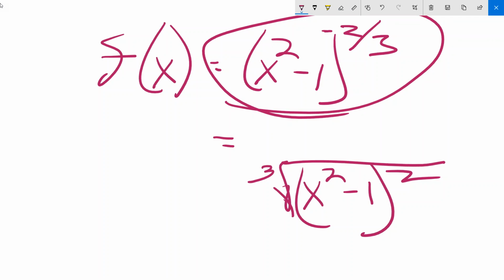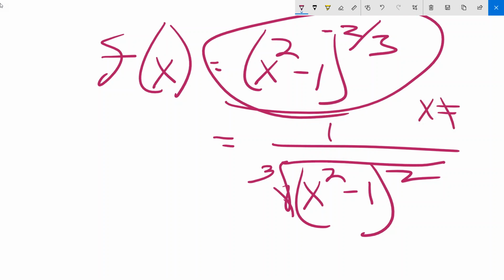And remember, the way to think about domain is to start thinking about what x can't be, because usually a lot of times domain is all real numbers. So thinking about what x can't be, what do you come up with? Oh, okay, now it means something. So x cannot be 1. Correct. Or negative 1?